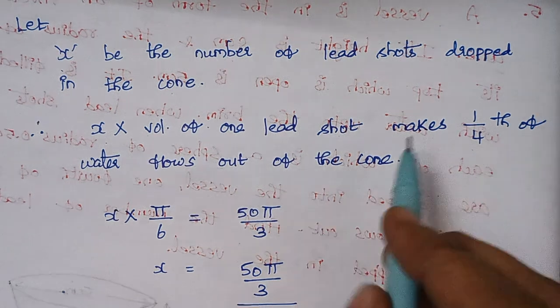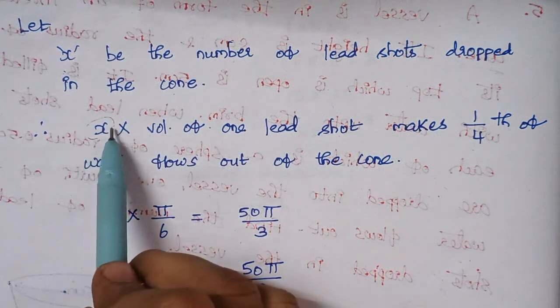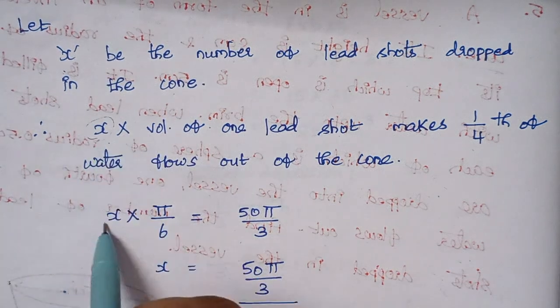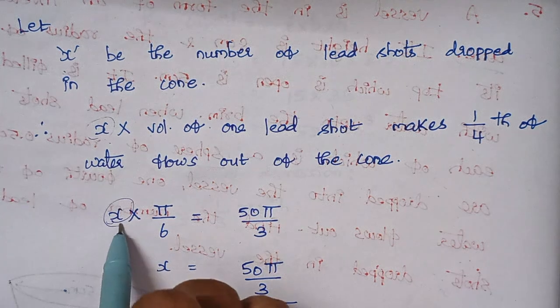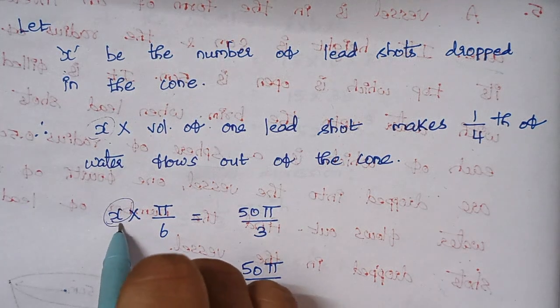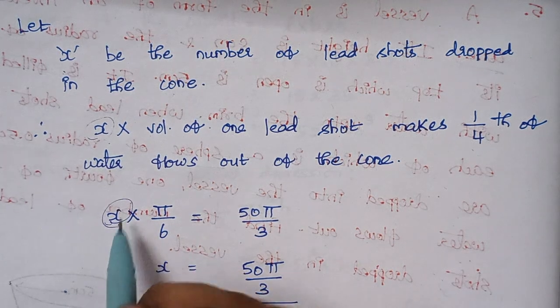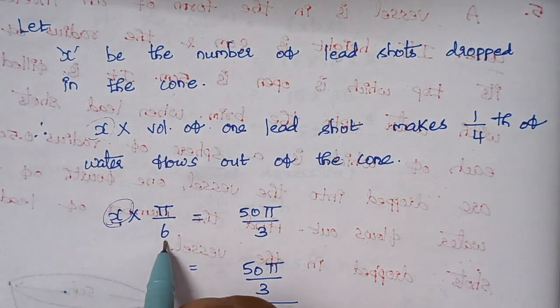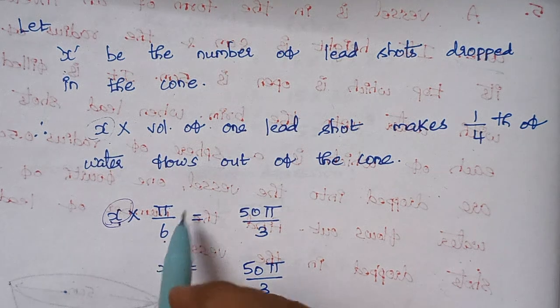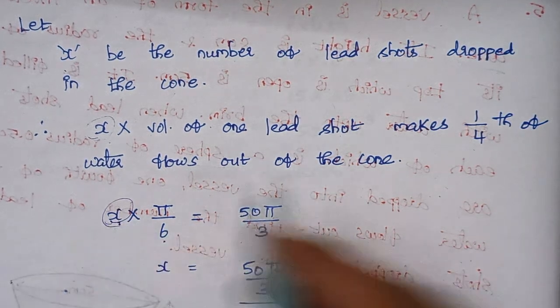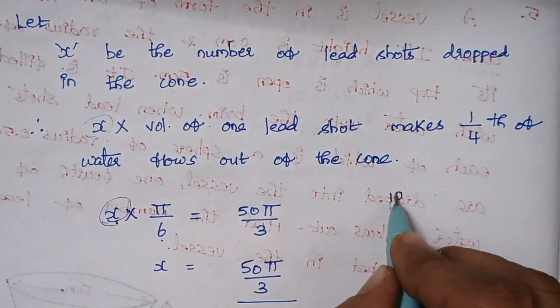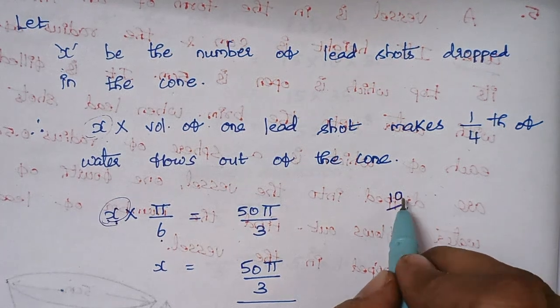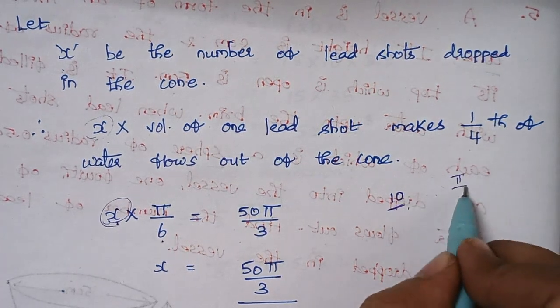Due to that, 1/4 of the water flows out of it, right? So, let x be, for example, just assume, okay, let x be the number of lead shots which we are dropping into it. So, what is the volume of that single lead shot? It is nothing but pi/6, right? So, for example, suppose we are dropping some 10 lead shots, right? So, volume of one lead shot is pi/6.